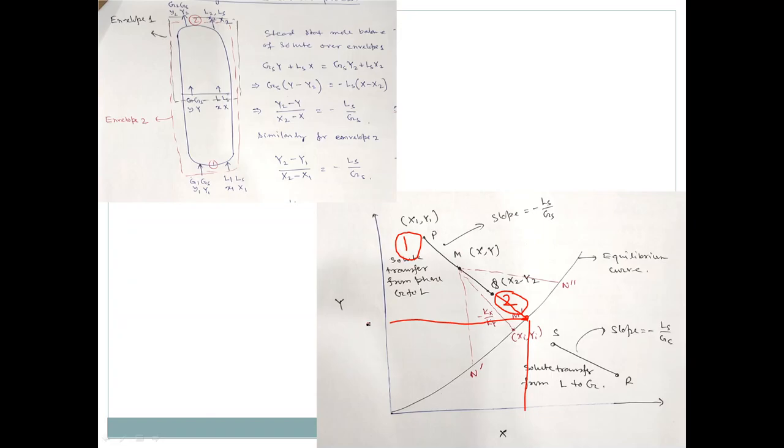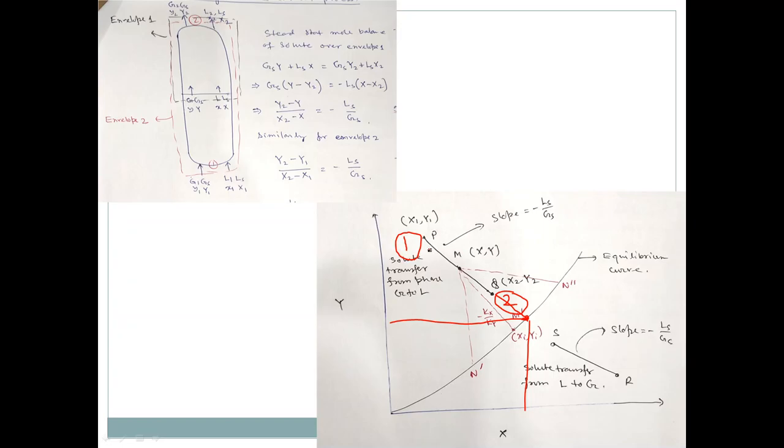You cannot make the concentration in G go beyond this, because when it reaches here there is zero driving force, so after that no mass transfer happens, however much you increase the height of the column.